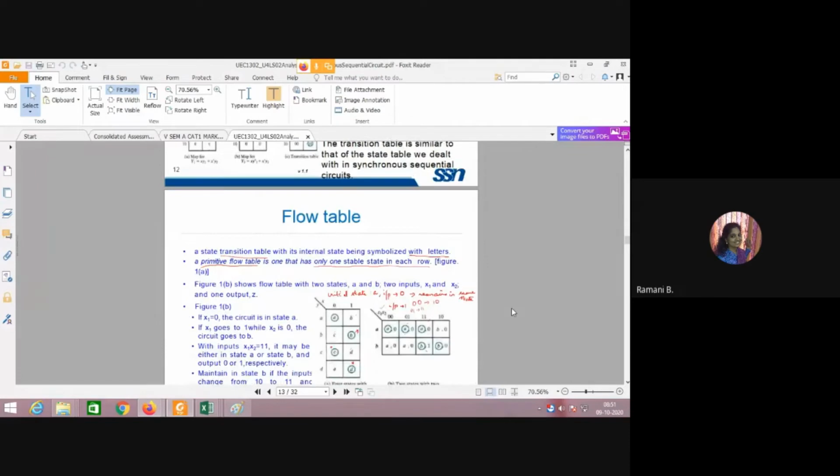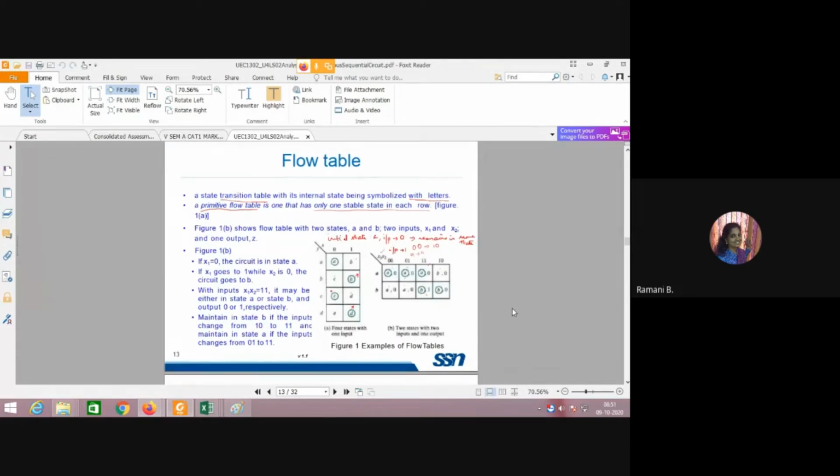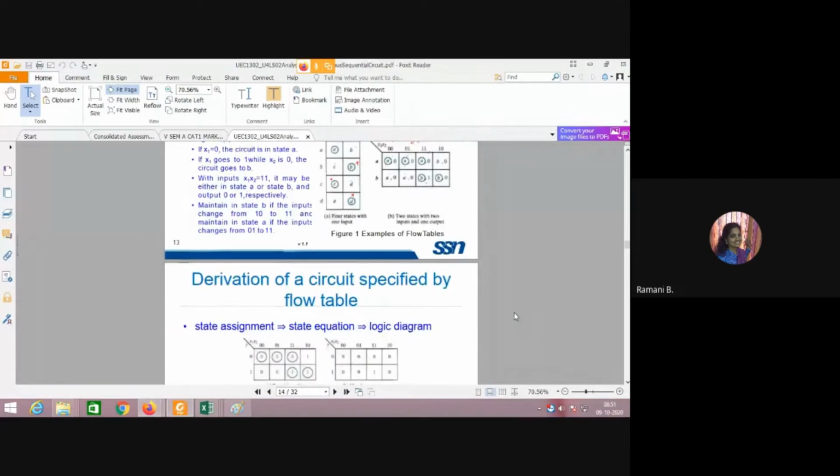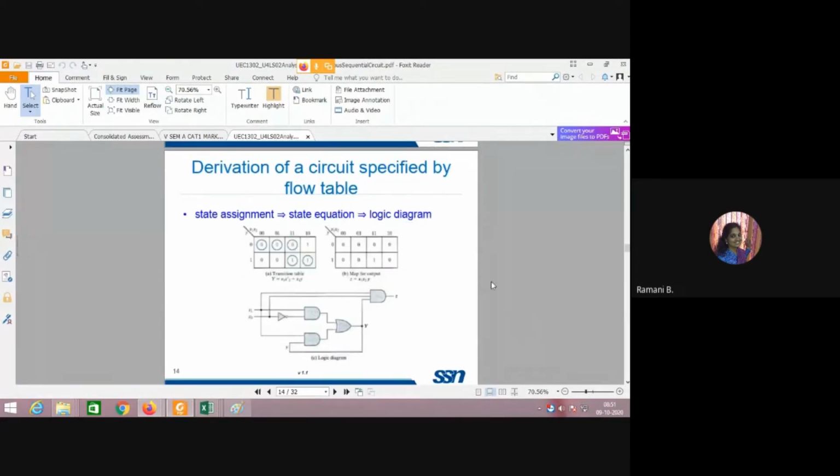Then we saw what is meant by flow table, and what we call the primitive flow table. A flow table has the states with letter symbols, and a primitive flow table has only one stable state in a row. Okay, that is the main difference between the primitive flow table and the flow table. Then we saw how you could design the logic diagram from the flow table also.